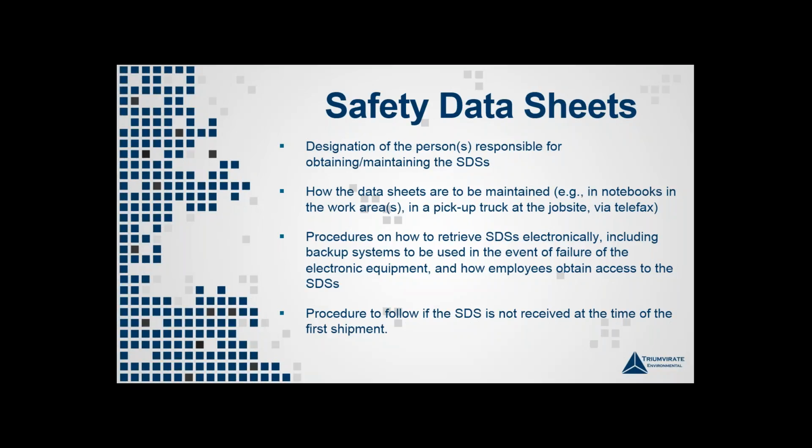Where are you going to put them? What are the procedures? And what if you don't get a safety data sheet at the time of the first shipment? Some of you have processes in place that say, we won't allow it to be received without a safety data sheet. Great, that should be in your plan. The idea of the plan is to match up and say everything is perfect, and this is all the process and the procedures that we have to ensure compliance.